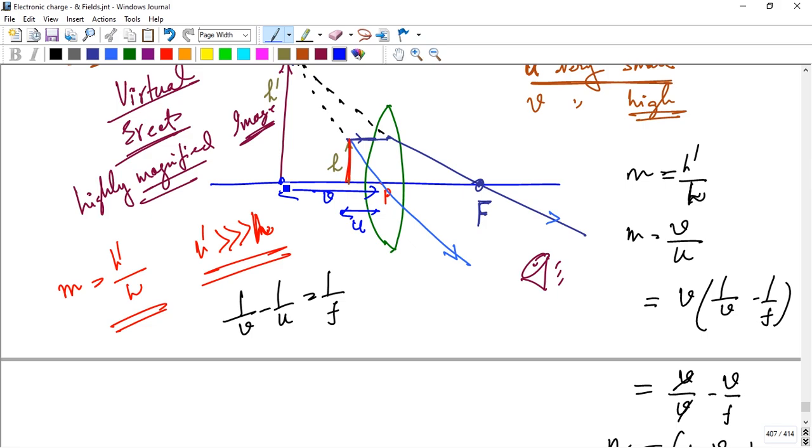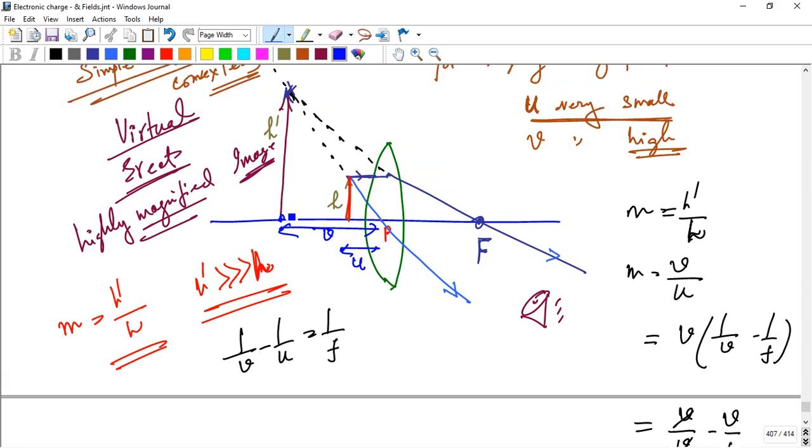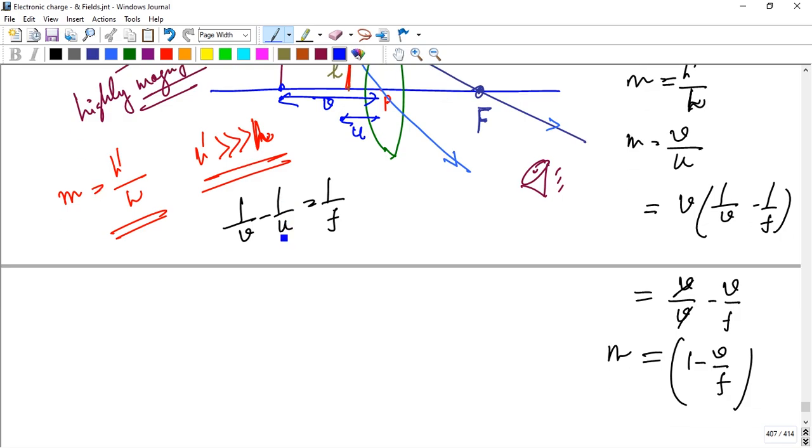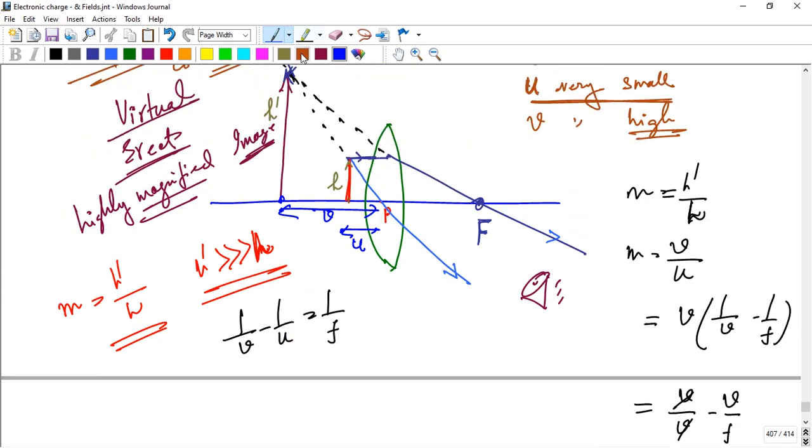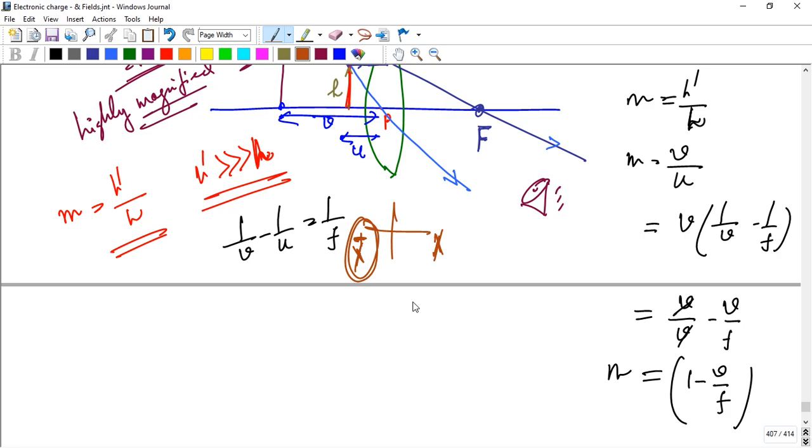So you see that the image is on the left side. Left side means in front of the lens. So the image is in front of the lens for the Cartesian sign convention. So that is positive x direction here, and that's negative x. If the image is at negative x, that's why v is minus.